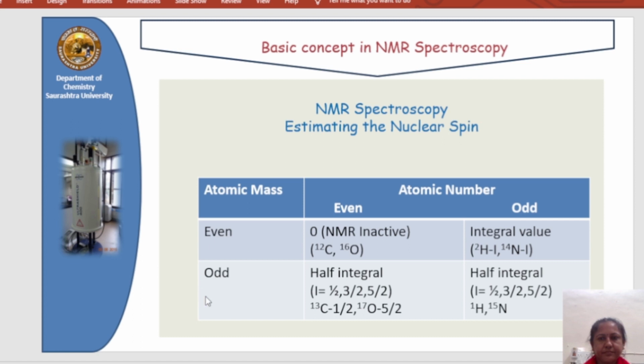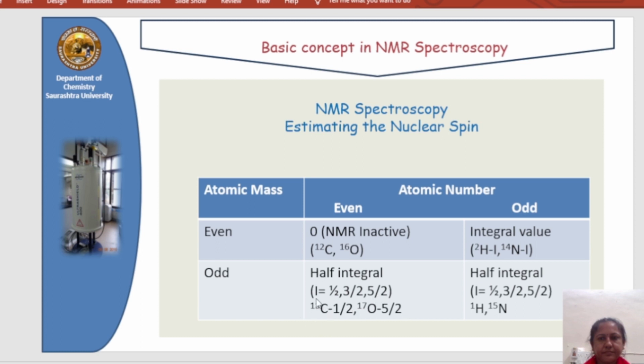Now the third case: atomic mass is odd. With odd mass and even atomic number, one of the proton and neutron counts is odd and the other is even. So I is equal to 1/2, 3/2 or 5/2.